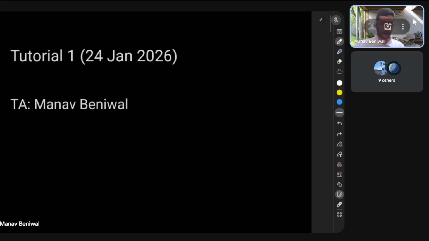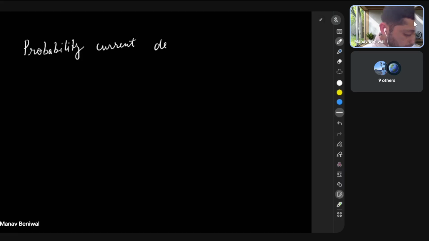Okay, so before solving problems, let me just quickly address the concern raised in the chat regarding probability current density. So essentially what probability current density does, let me write here. Probability current density is denoted by J generally.